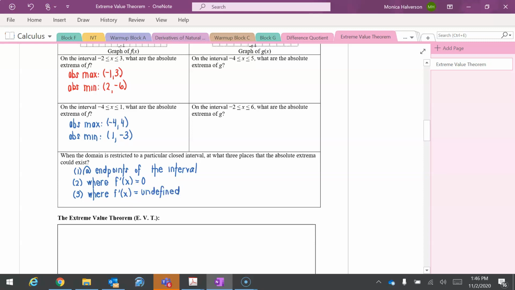So, the theorem of EVT puts this all together, right?